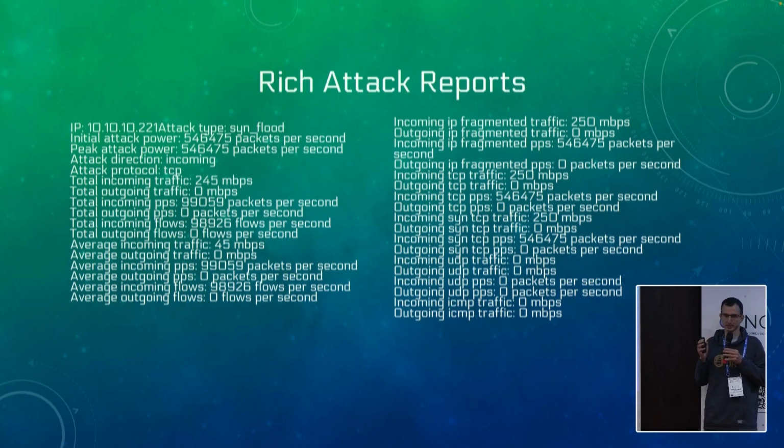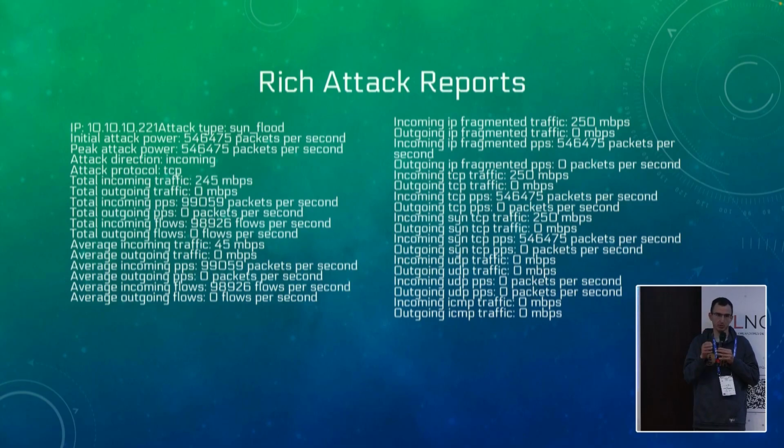What is the source? We don't actually provide information about the source, because it's a very common question: what is the option to find out the source of a DDoS attack? Real DDoS attacks, and by real I mean at least 10 gigabits of malicious traffic, don't come from one source. Usually it's hundreds, thousands, 10,000 sources. The majority of them are fake.